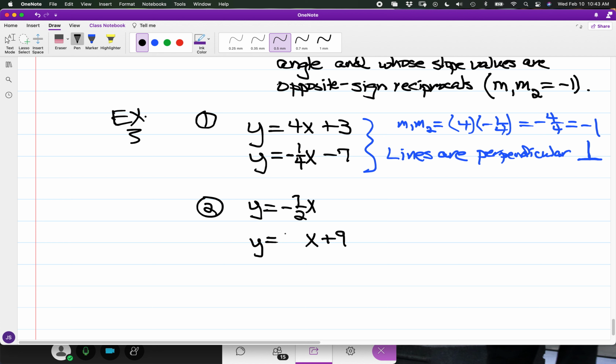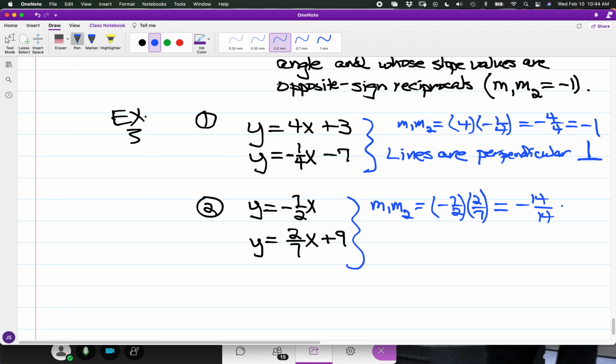So we can go from a negative to a positive, and the reciprocal of -7/2 is going to be 2/7. So we have the product of the slopes, -7/2 times 2/7. I can do cross multiplying, or I can just multiply across. So you have the negative of 14 over 14, and that goes to -1. And once again, these lines are going to run perpendicular as well.